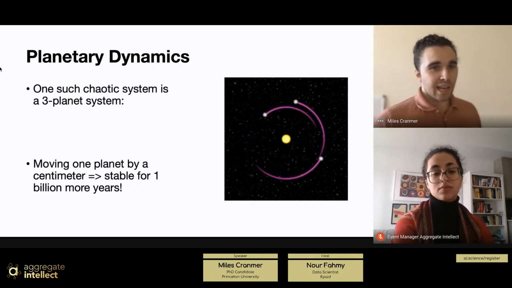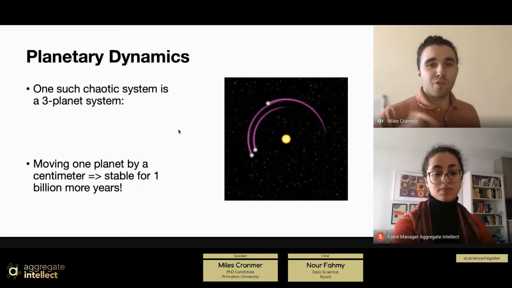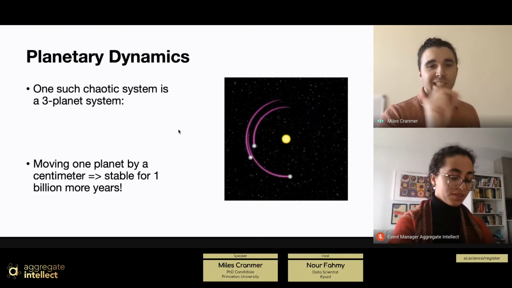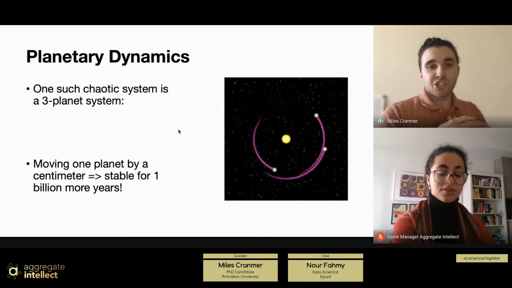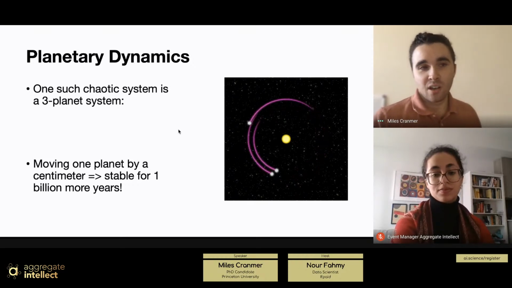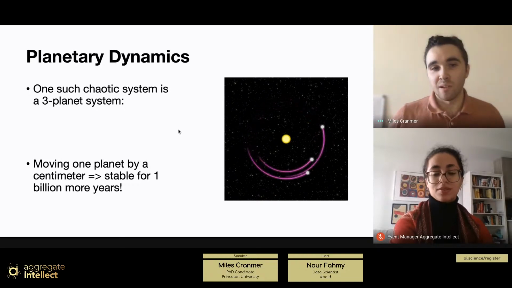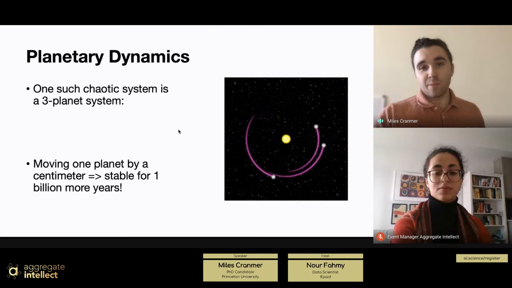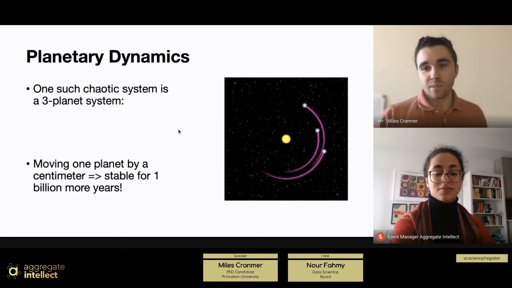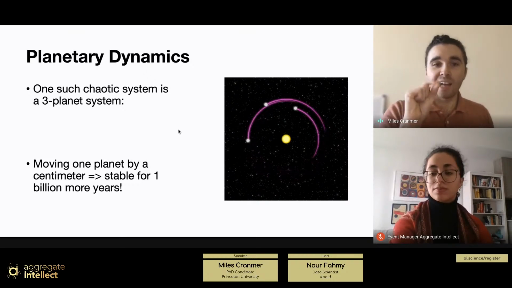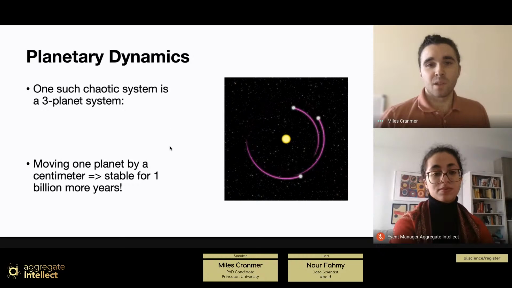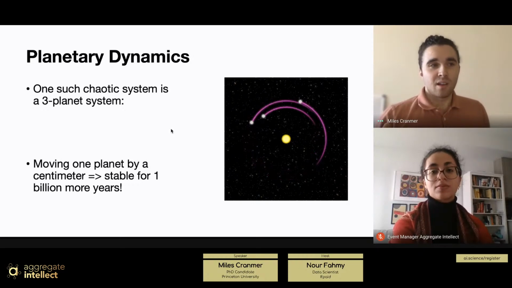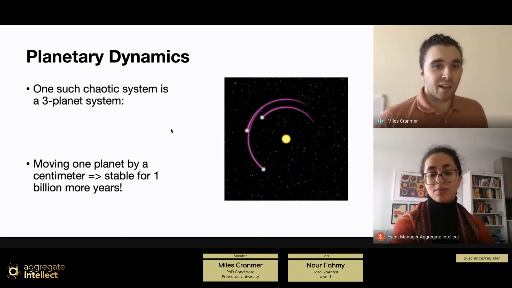In this system, if I move a planet by a centimeter, it can change the time at which it goes unstable by 1 billion years. Maybe one of the planets will crash into the star if I budge it by a tiny centimeter, relative to the system. So this is an example of a chaotic system.